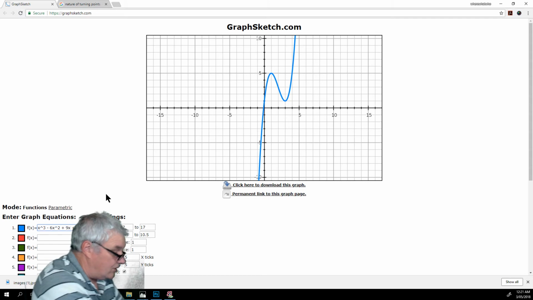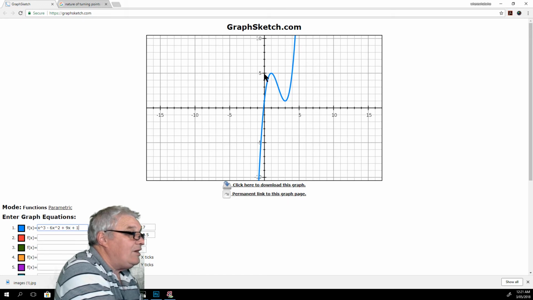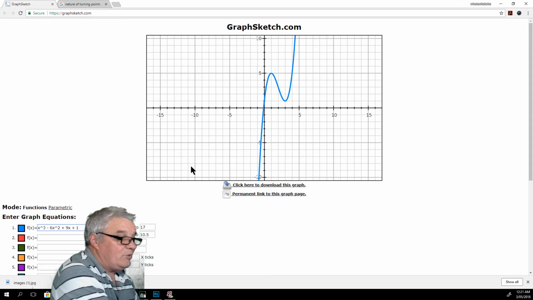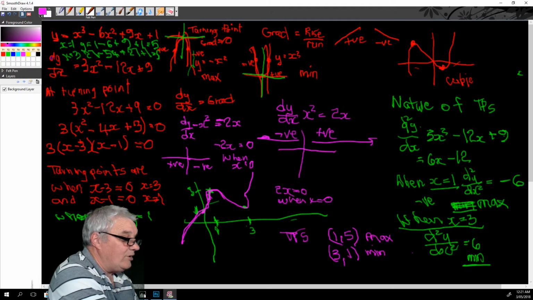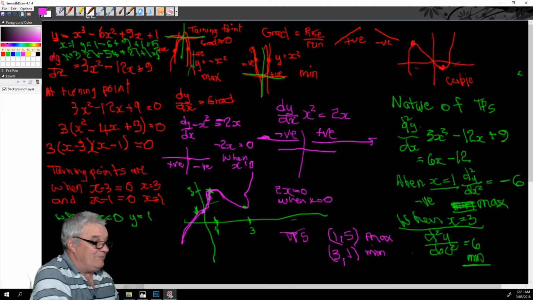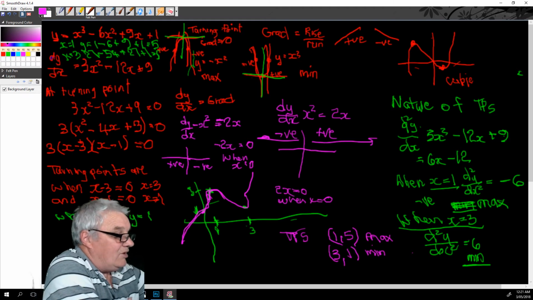Now we can see here that here's our function, and here's our maximum at 1, 5, and our minimum at 3, 1, with the turning points, which confirms what we got, although it's drawn somewhat better. And I'm sure that you'll be able to draw a bit better than I, but I think you can see.